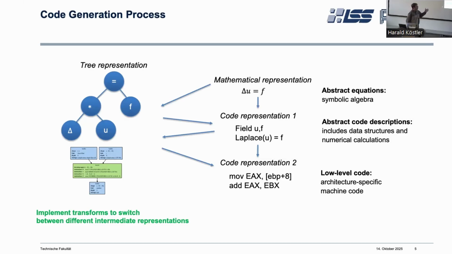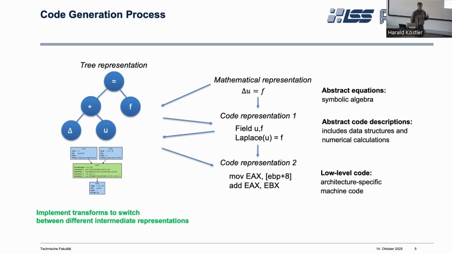So, of course, what does it mean to transform it into code? It means that we say each of the objects, the mathematical objects in the first representation, like U, is now assigned a certain data structure, for example. And then also, depending on this concrete data structure, we have to define operators on the data structure.